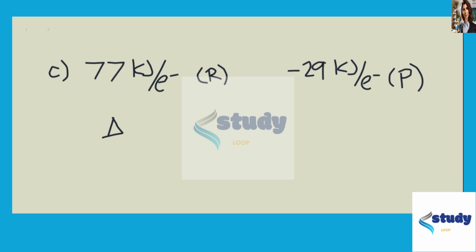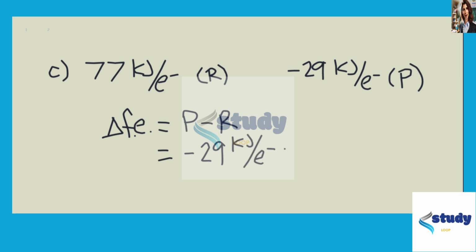And so if we want the change in free energy, let's abbreviate that as FE, that's going to equal the free energy of the products minus the free energy of the reactants. And so in this case, it's going to be negative 29 kilojoules per electron minus 77 kilojoules per electron.